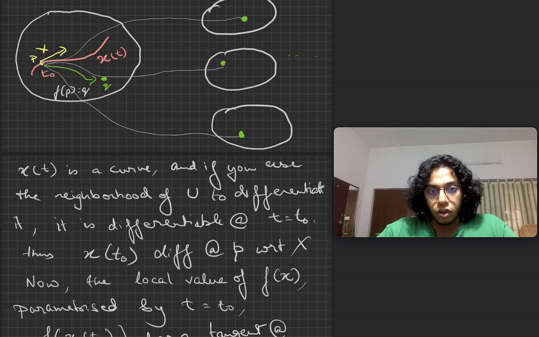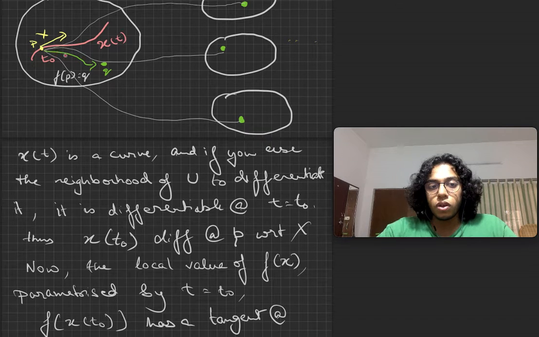So understand, this tangent actually gets deformed, and there is another function f of p which is also tangent to x of t at t naught. This is slightly complicated.